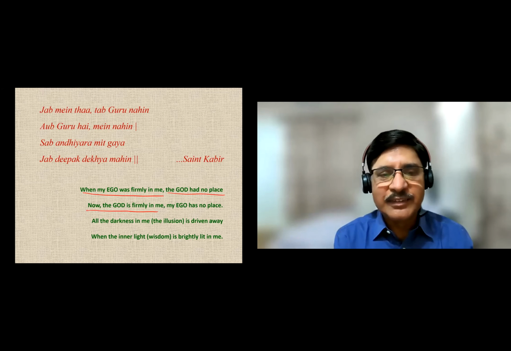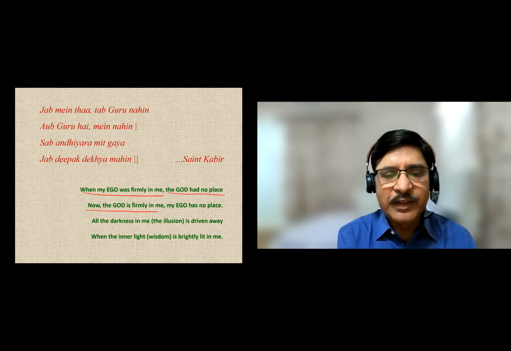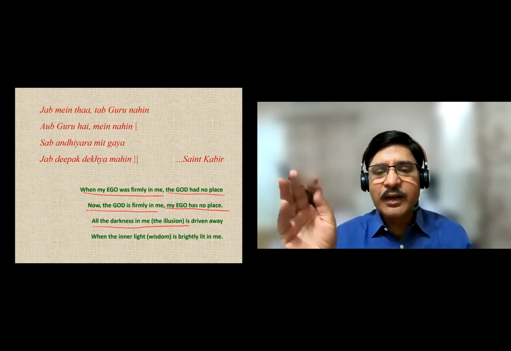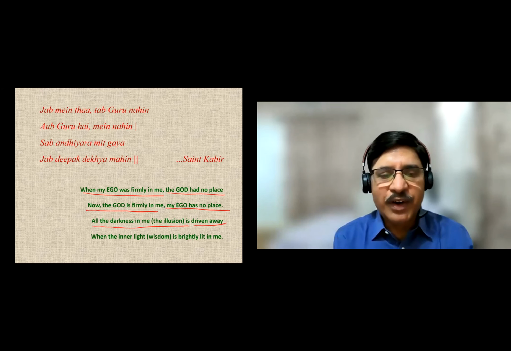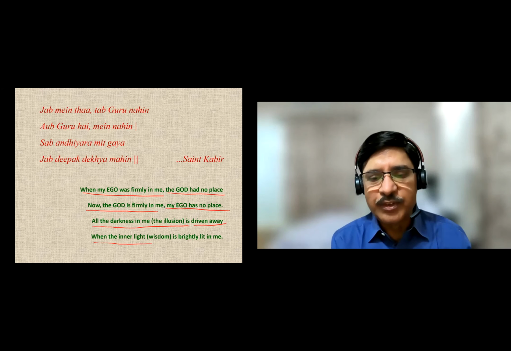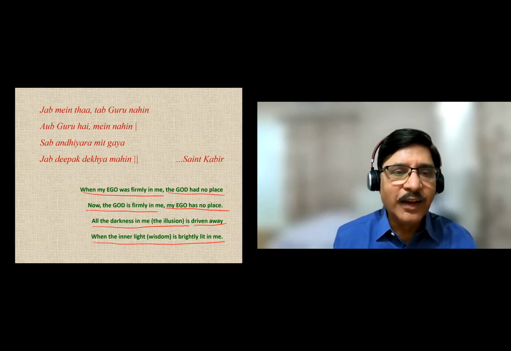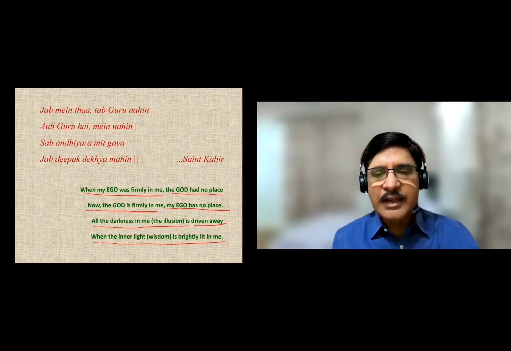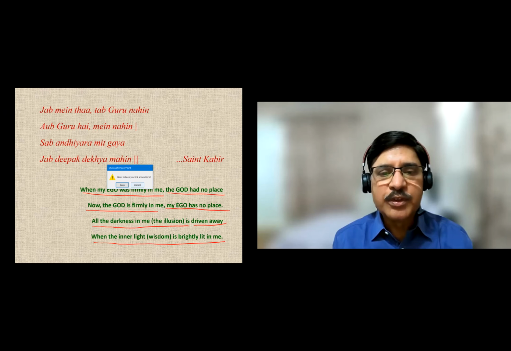"Main nahi." "Sab andhiyara mit gaya": all the darkness, illusion is driven away, when the inner light of wisdom is brilliantly lit in me. "Jab deepak dekhiya main." A beautiful thing. It transcends any religion. And these are beautiful words from Saint Kabir.